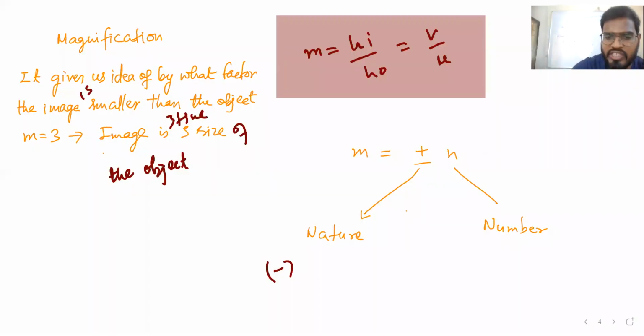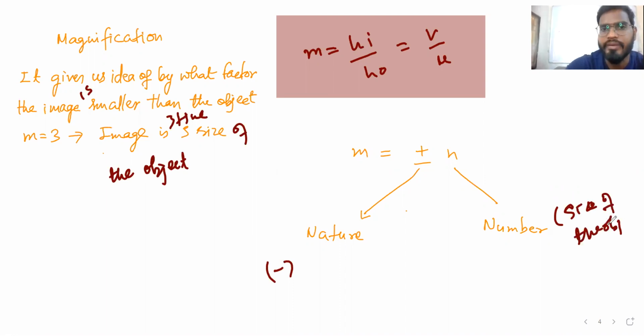So this positive and negative says the nature, and the number n says the size of the object. Negative means the same side as the object. Then it cannot be virtual or erect.